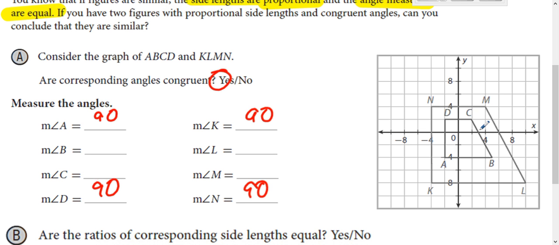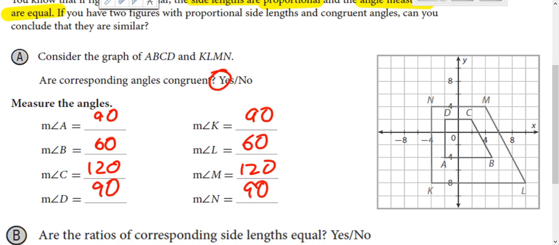You could measure M and L. You'll find out that they are around 120 and 60. Rounding a little bit of a guess.